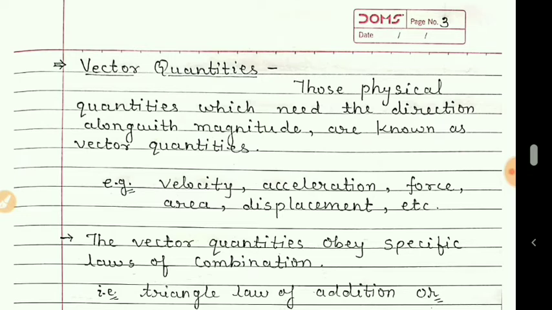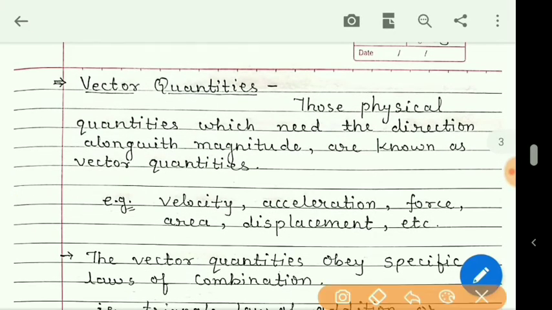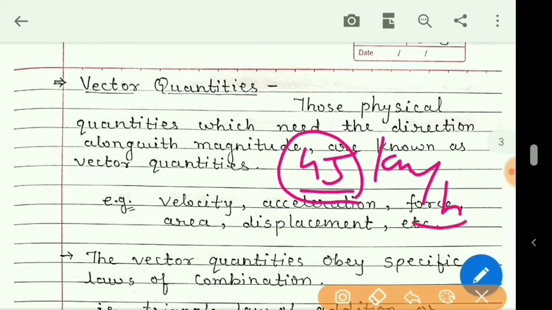Now students, if I simply say speed, what is the speed of the vehicle? And if I say it is 45 km per hour, then it is simply a number with the unit. No direction is involved with this speed. But when we say velocity, then if I have to represent the velocity of the vehicle, there should be a number.